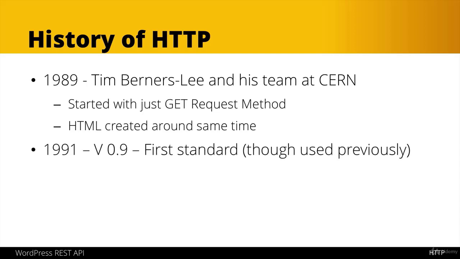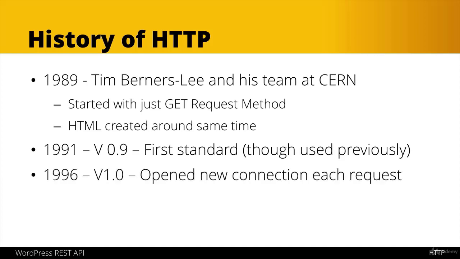So the first standard was in 1991 with version 0.9. It had been implemented a little bit before this, but really you see version 1.0 in 96. And one of the things about version 1.0 is that every time you made a request to a server, it needed to open a new connection.